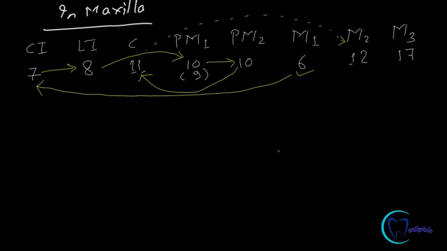So for the eruption sequence in maxilla, we can make a mnemonic that will be: Mama is in pain, Papa can make medicine.